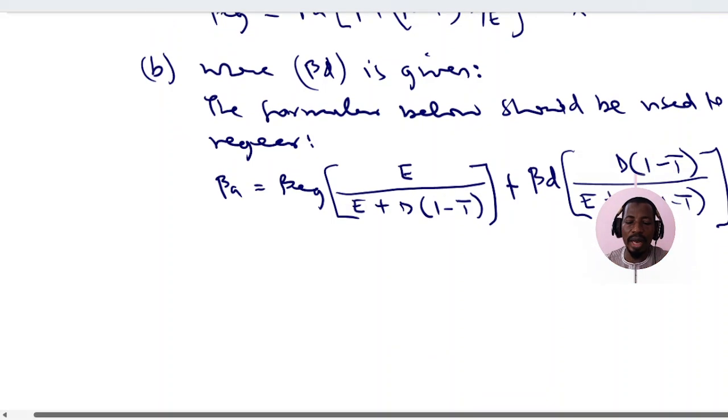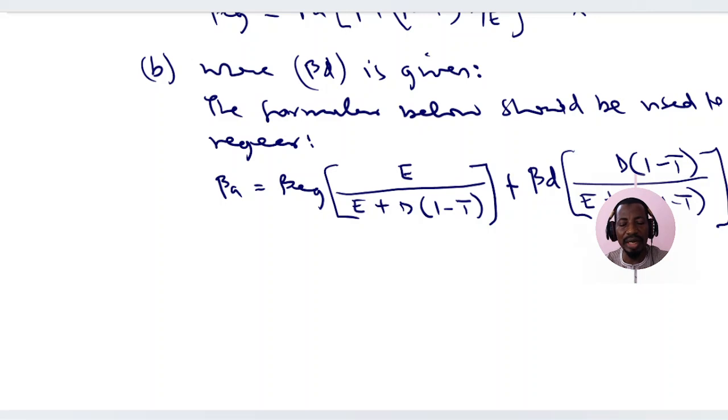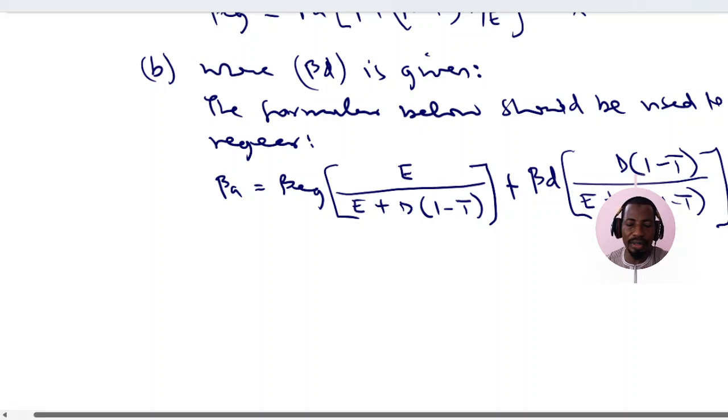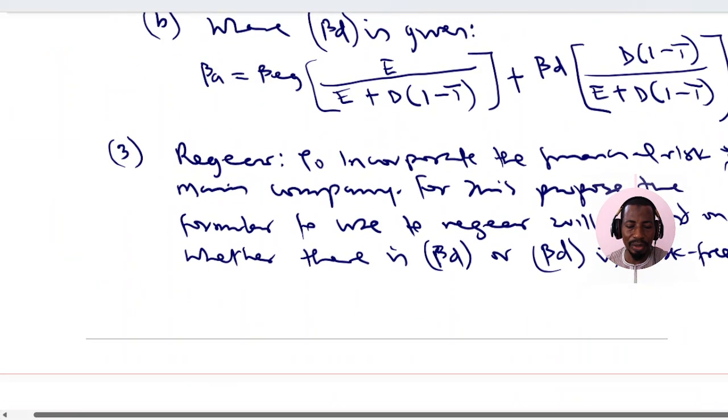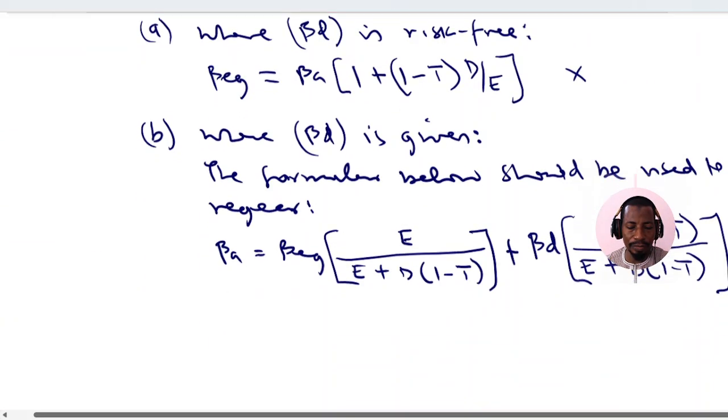However, where the debt beta of the proxy company is given but you are not given the debt beta of the main company, it is assumed that the main company does not have debt beta. That means debt beta is risk-free, but you are going to compute using the extended formula for the proxy company whenever you want to calculate the asset beta. Okay, so that's step 3.